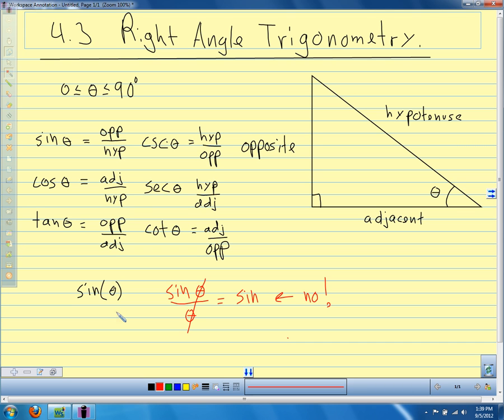And the type of problems that you'll see in right angle trigonometry, an example might be that we're given a triangle and we're given two sides, and the problem will tell us to find the exact values of the 6 trig functions for this particular angle. So let's look at an example like that.